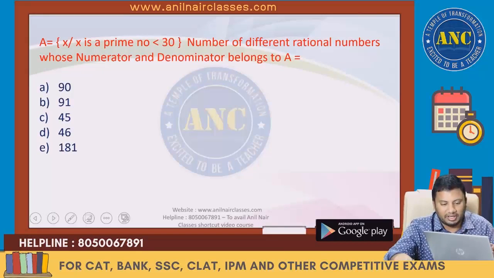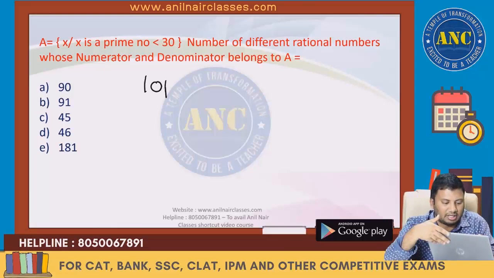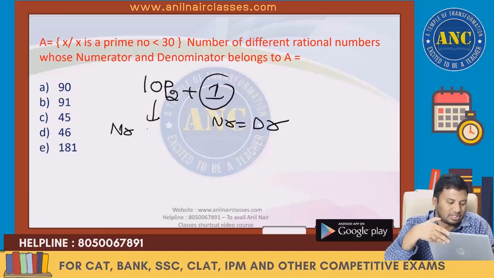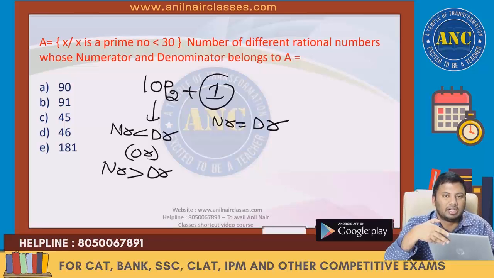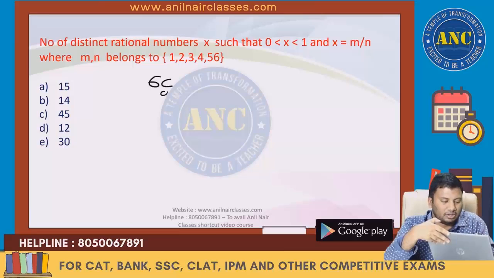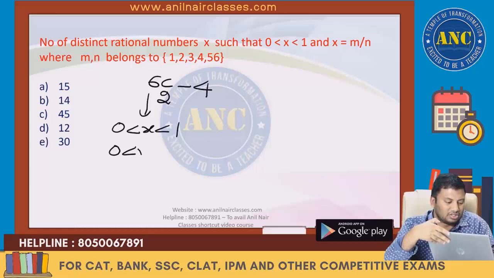Right? Number of different rational numbers, 10p2 plus 1. This 1 is when numerator is equivalent to denominator. 10p2 is numerator less than denominator or numerator greater than denominator. 10p2 plus 1. This is 6c2 minus 4. This is when 0 less than x less than 1, 0 less than m less than n.